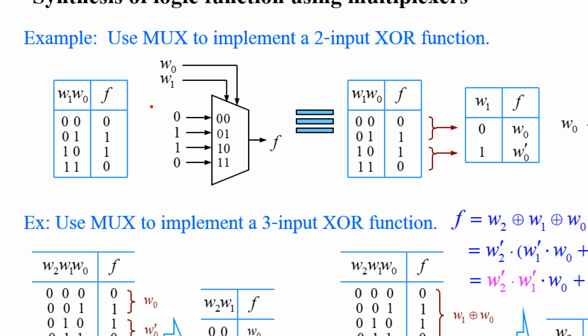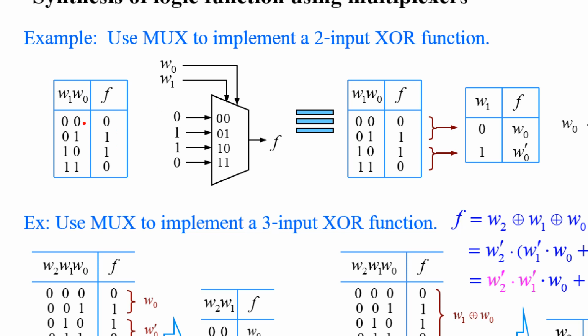Okay, this is just another example of using a multiplexer. It's very easy to use this one because the first thing is to think about the selector signal, which input you want to use as the selector signal of the multiplexer. If you decide on it, the next step is very easy. For example, if you use W1, W0 as selector signals, then you just consider the value of the function.